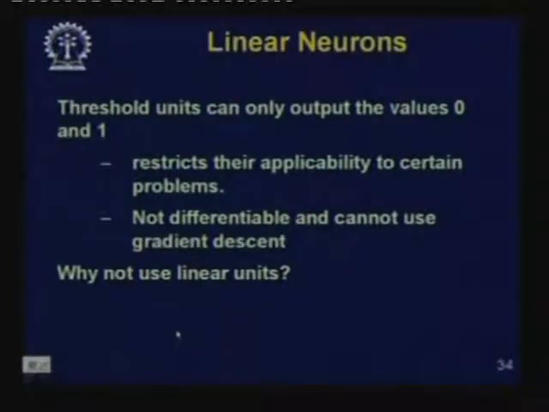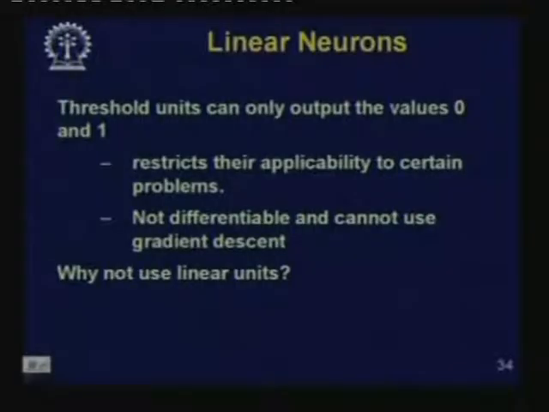So, what we will be looking at in the subsequent classes are neural paradigms where we can deal with such complex functions. Now, when we have threshold units, we cannot do gradient descent because the thresholding is a discontinuous function.